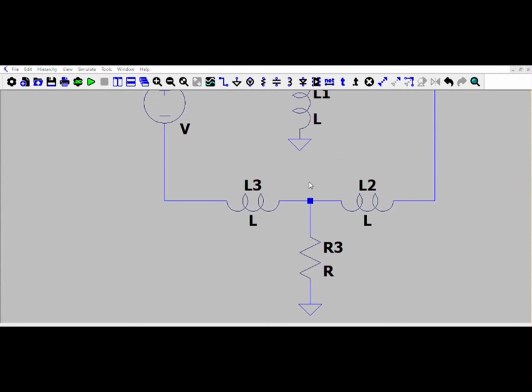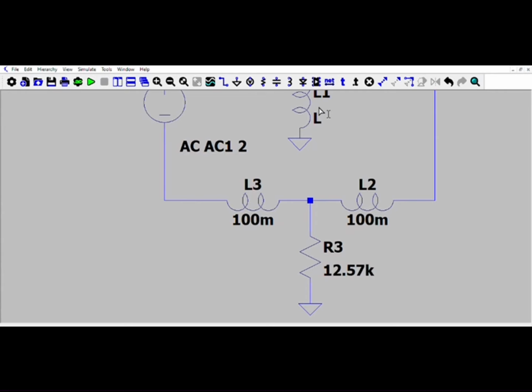And then you go to the setting for the AC circuit, and you put AC 1 for the 2-phase. And don't forget to insert the values we calculated before, which is all the L is the same, 100 millihenry. I'm sorry I didn't put the unit there, but it should be H for henry.